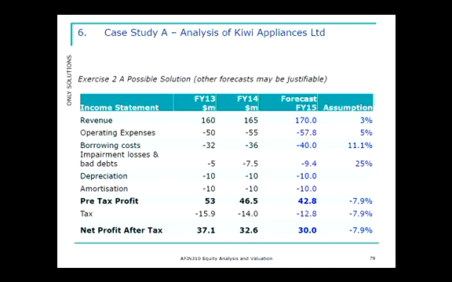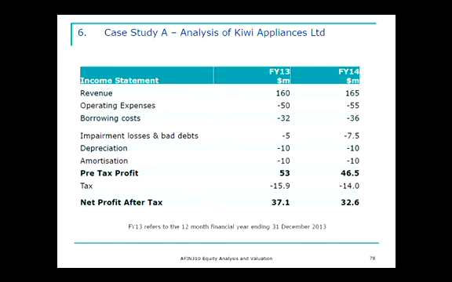Now, here we have the income statement for Kiwi Appliances. And just in the class now, what I want you to do is do what an analyst would have to do, which is to forecast the earnings going forward for 1 year and make an earnings forecast for next year.